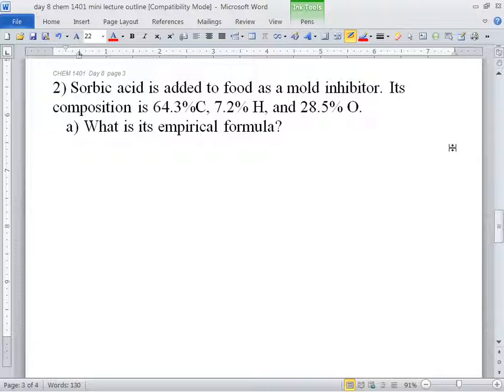You're converting to grams first, and then you're converting everything into moles. And use the periodic table to get it. So remember, that's the first step. Get everything into grams so you can convert to moles. And then once you get everything to moles, don't forget to divide through by the smallest.